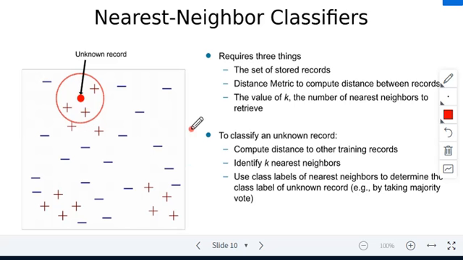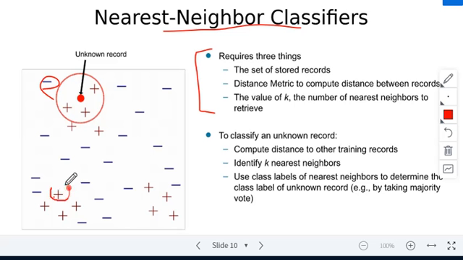To summarize what I told in the previous slides, let us summarize what exactly the nearest neighbor classifier is. The nearest neighbor classifier requires three things. Here you can see a training data set which has class labels, negative examples and positive examples.